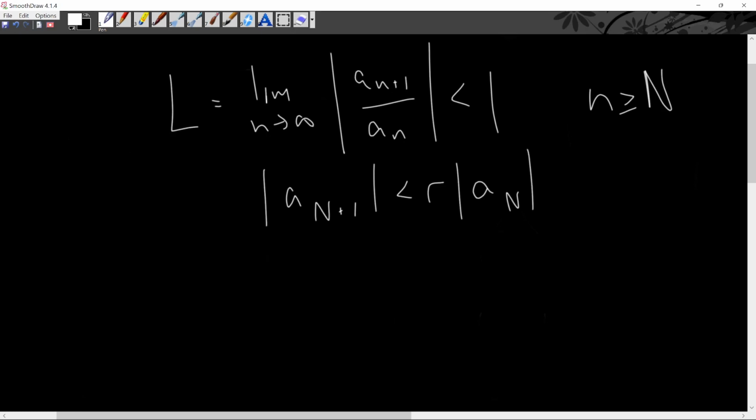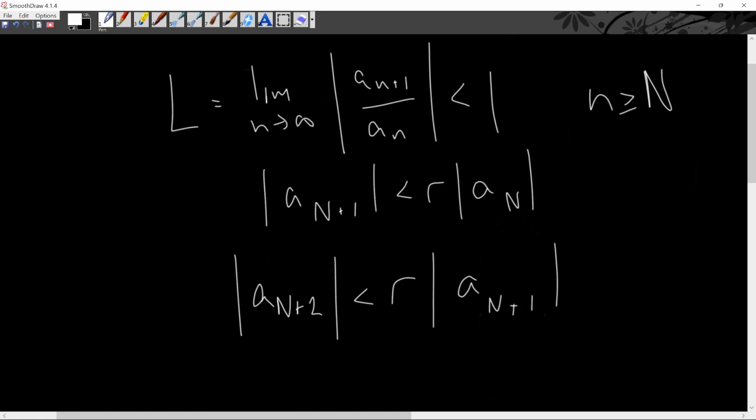And if we acknowledge that a sub N plus 2 is less than R times a sub N plus 1, this implies that this is less than R squared times a sub N, right?